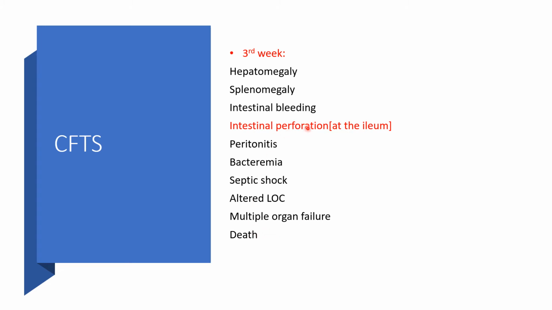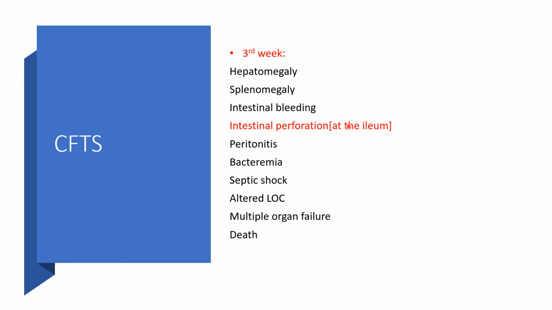When it comes to intestinal perforation at the ileum, let me explain further a little bit here, because this is when we will need the surgical department to help us solve medical problems. Here, this is due to ileocecal lymphatic hyperplasia of the Peyer's patches with peritonitis and bacteremia.